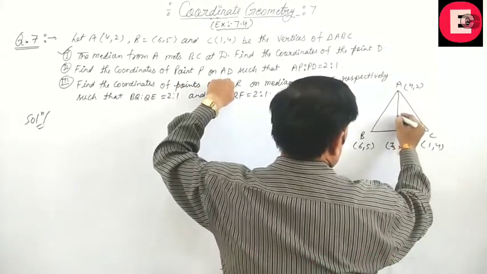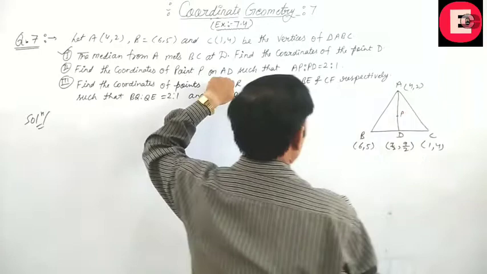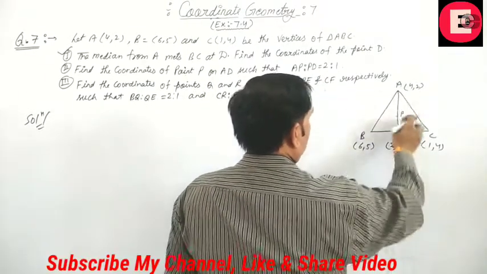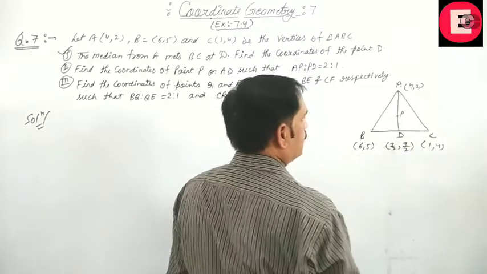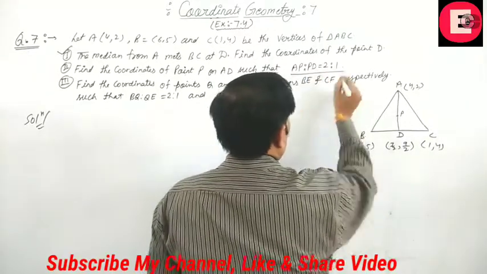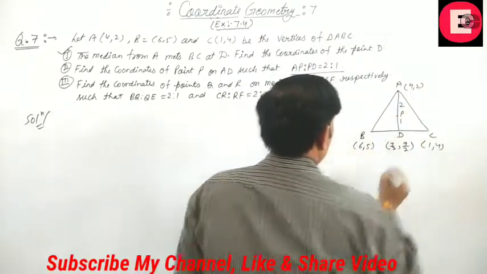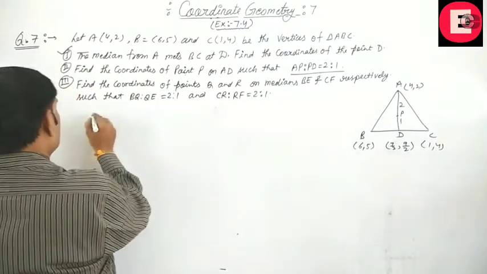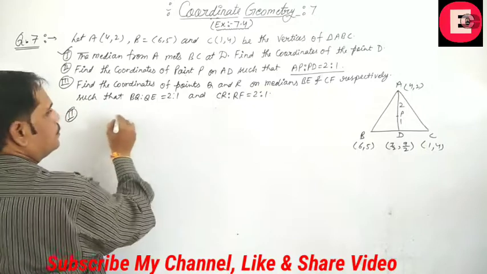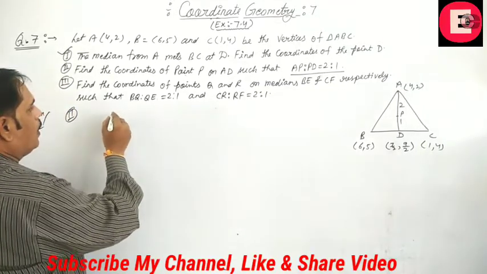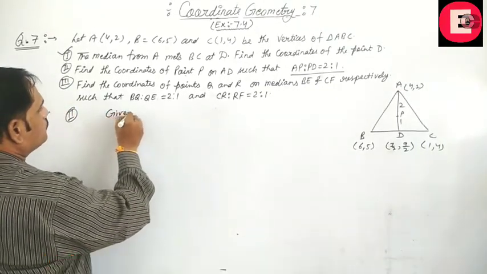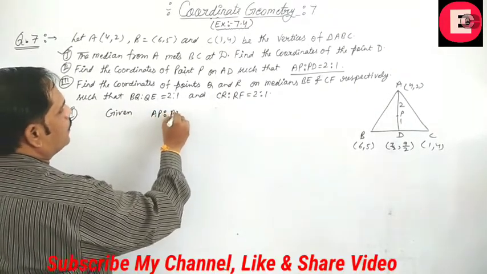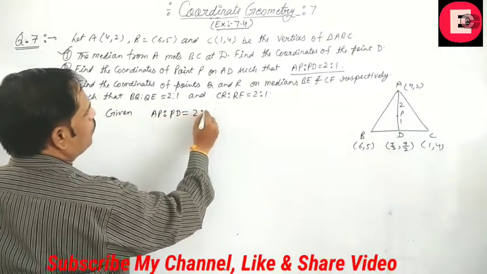The point P is present on the median AD in the ratio 2:1, given that AP ratio PD is equal to 2 ratio 1.